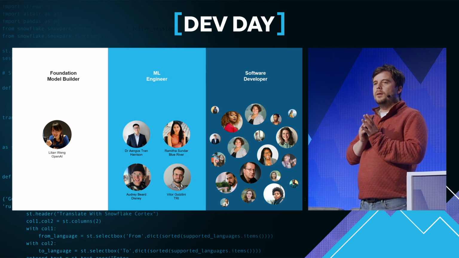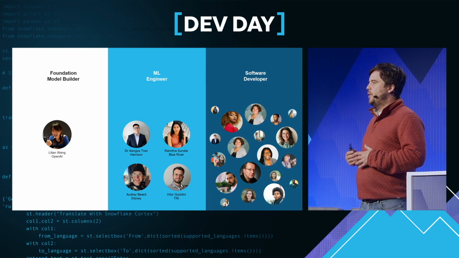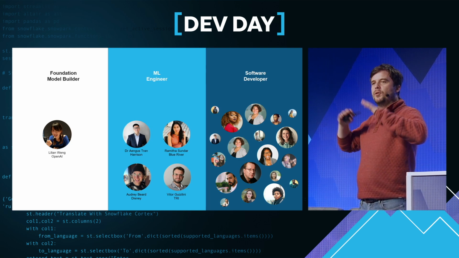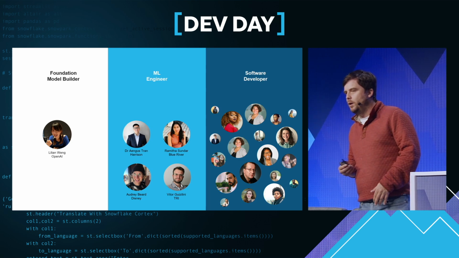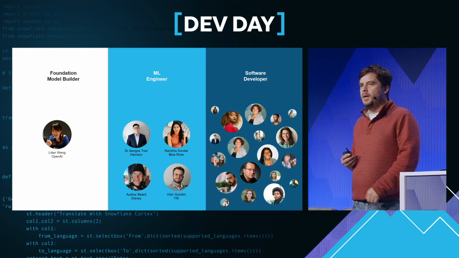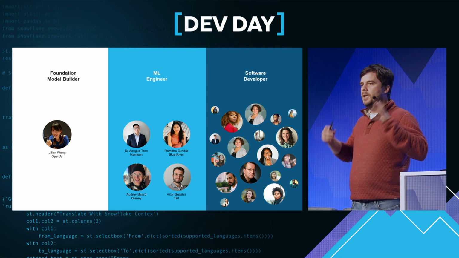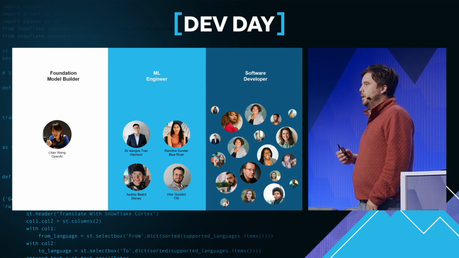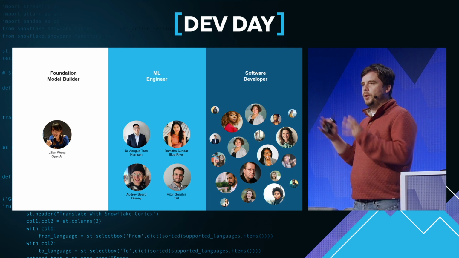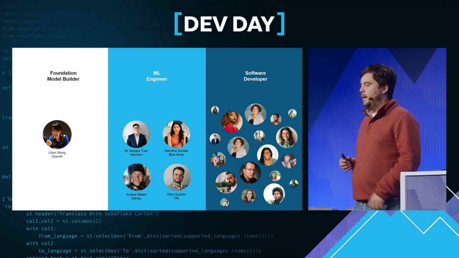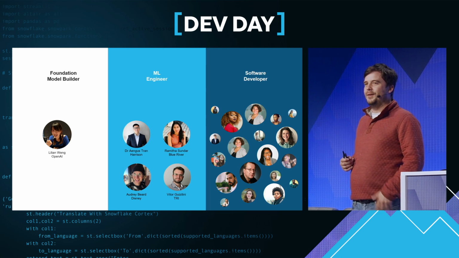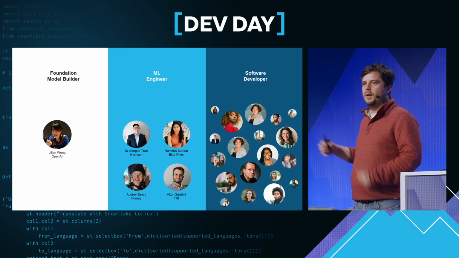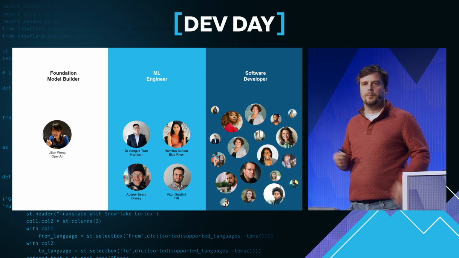At Weights and Biases, we think of our audience as breaking into three different types. First of all, you have the foundation model builders. Those are people that are actually building the core LLMs in production. Snowflake, obviously, is one of them. You have the ML engineers that are building models or fine-tuning models inside of their companies. And then you have this new group of software developers that are trying to get GenAI models into production.